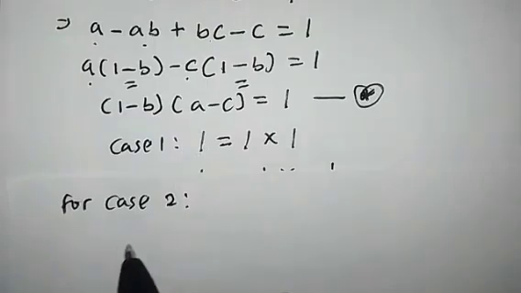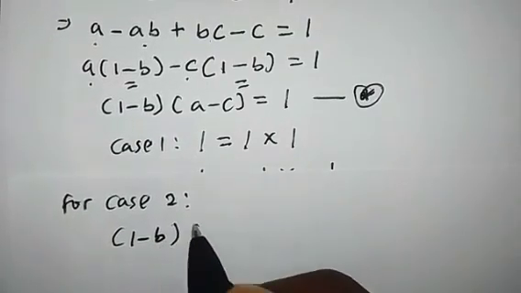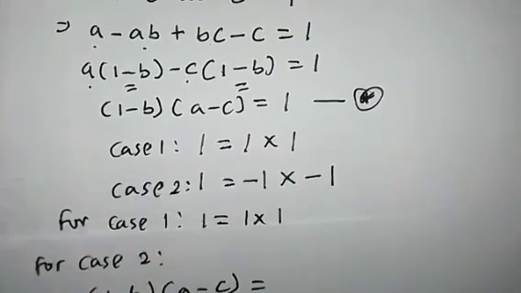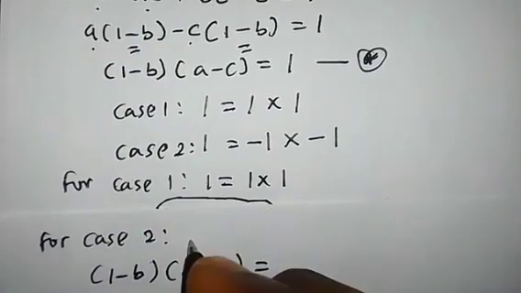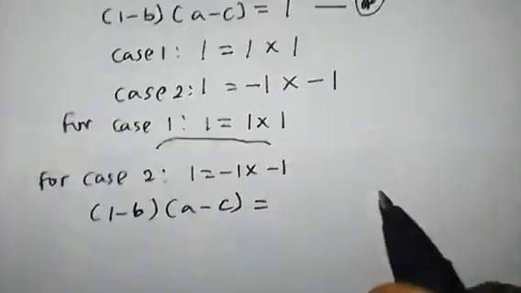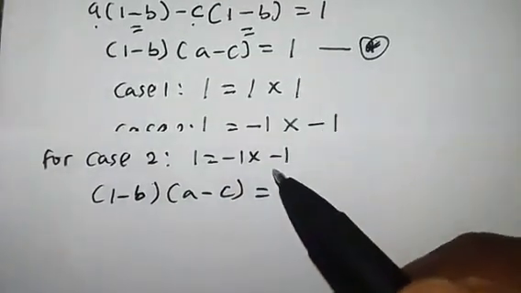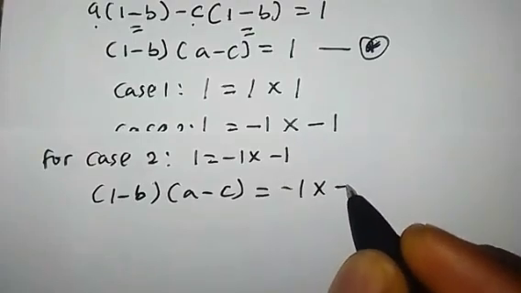From this equation, start again: 1 minus B times A minus C is equal to... and what we have to do for case 2 is that 1 is equal to minus 1 times minus 1. So on this right hand side, 1, we will now write minus 1 times minus 1.